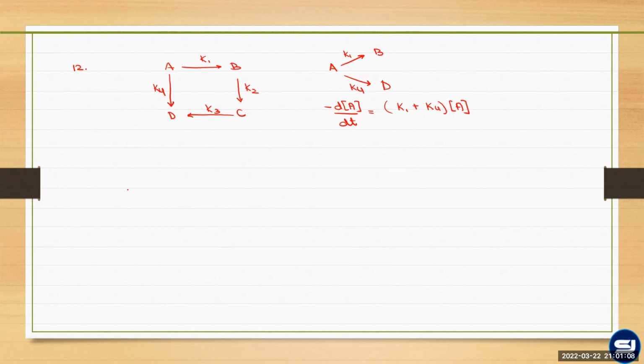Yes. Then dC by dt. Now C is basically an intermediate between what? B and D. So this is basically what type of reaction? इसको क्या बोलते हैं?